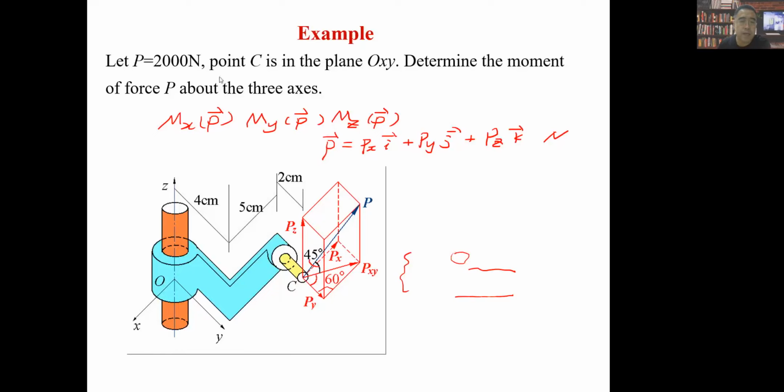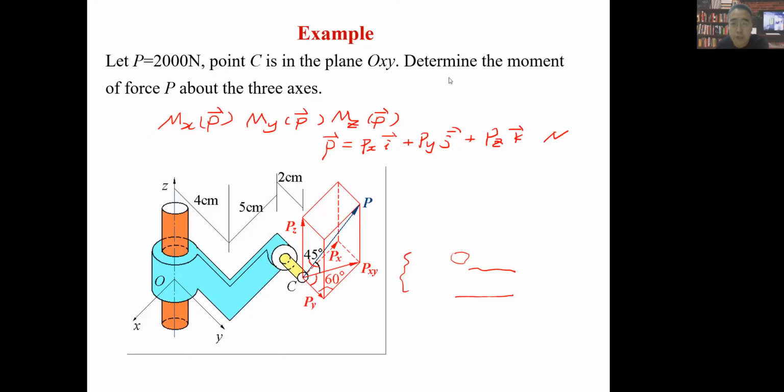Here is a problem. It tells us we have a force P, and the point of action is point C. The prerequisite condition is that this L-shaped body lies on the XY plane, but the force is acting in space.